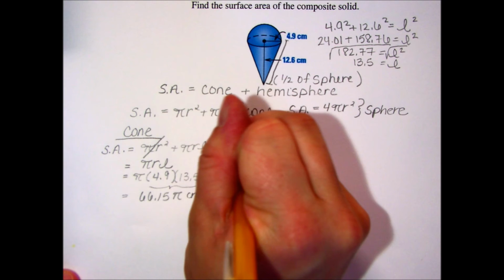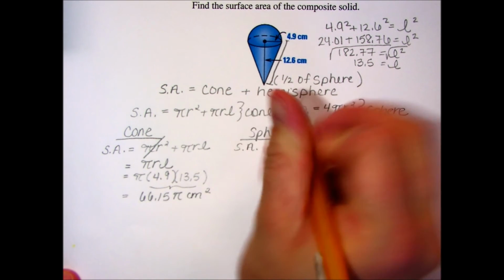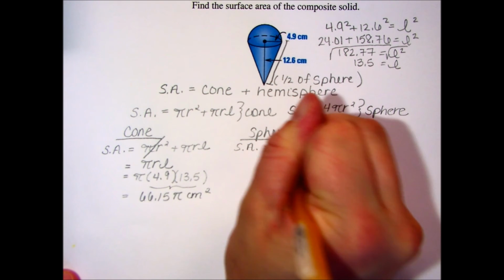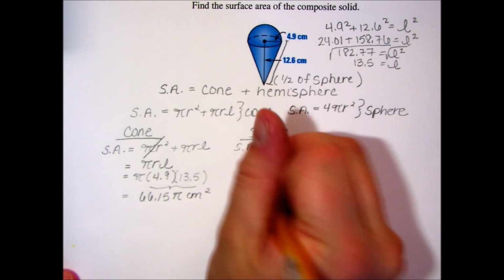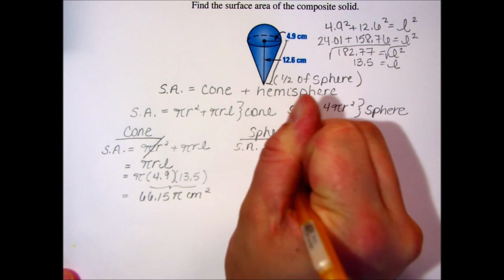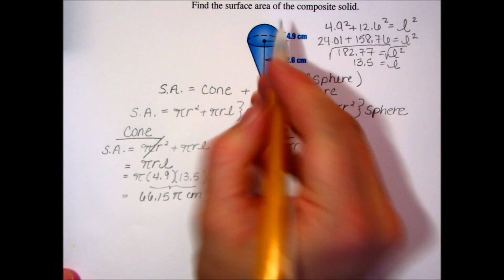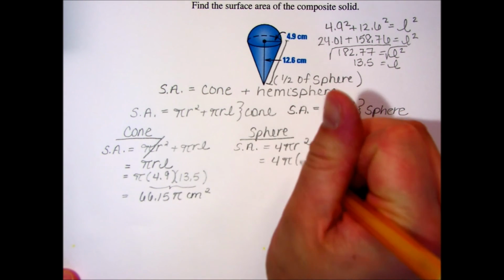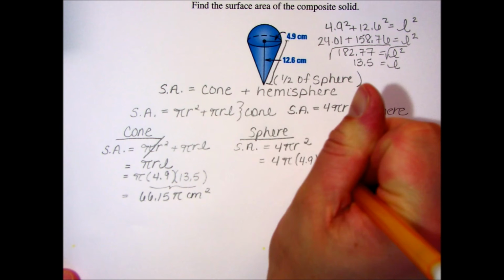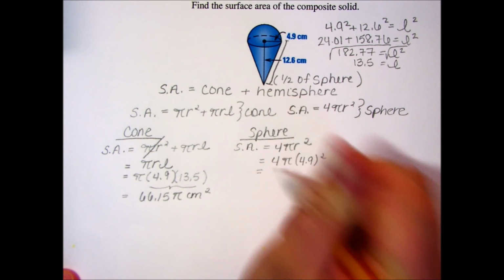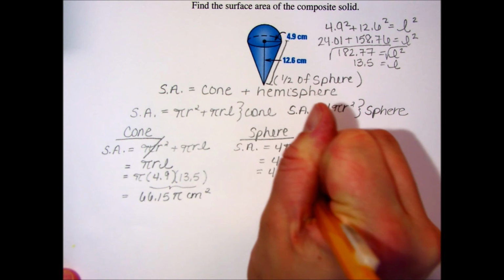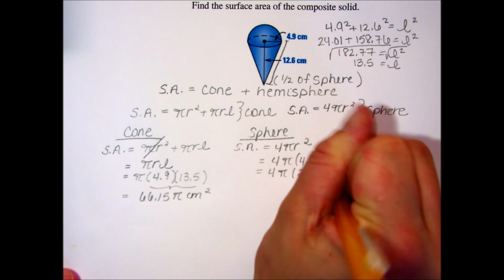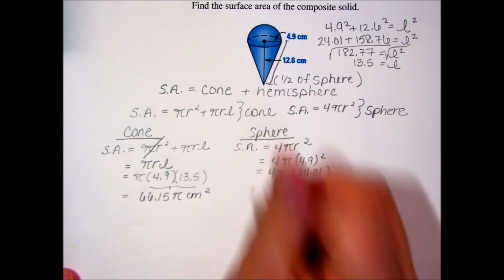And that formula again is surface area is equal to 4 pi r squared, where r is going to be the radius. So we are going to plug in 4.9 in place of r, and then we will square 4.9 and continue to evaluate. So we have 4 times pi times now 24.01.